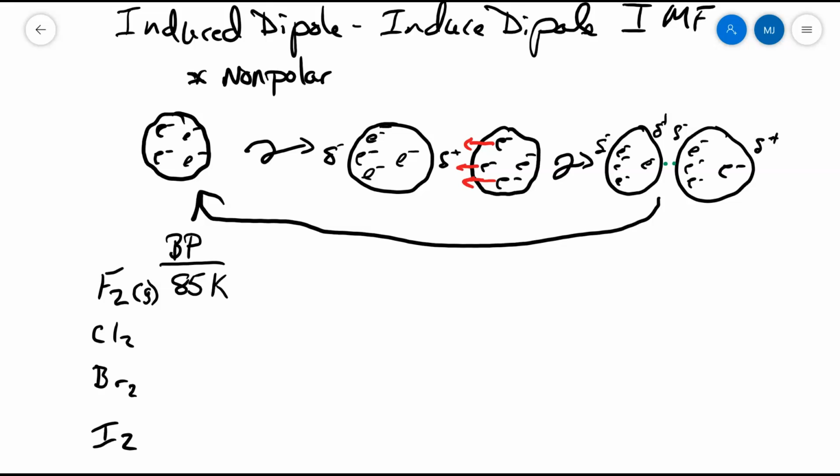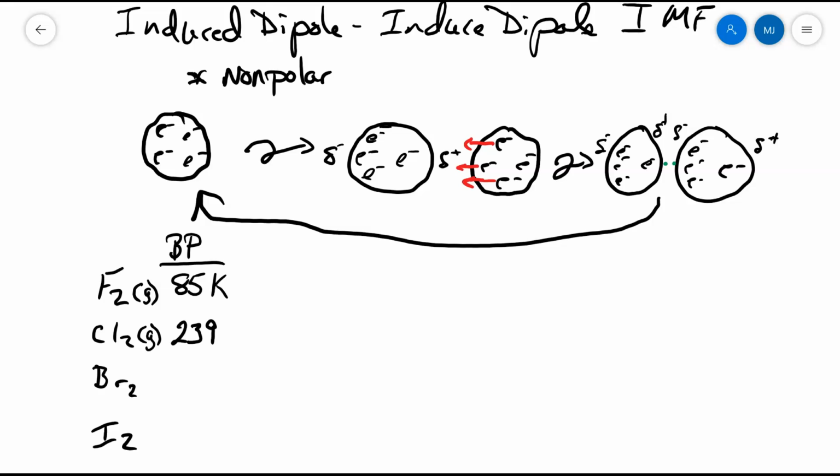It's already boiled. It boiled down at 85. We look at chlorine gas. Chlorine boils at 239, so still well below room temperature. So it is a gas at room temperature.